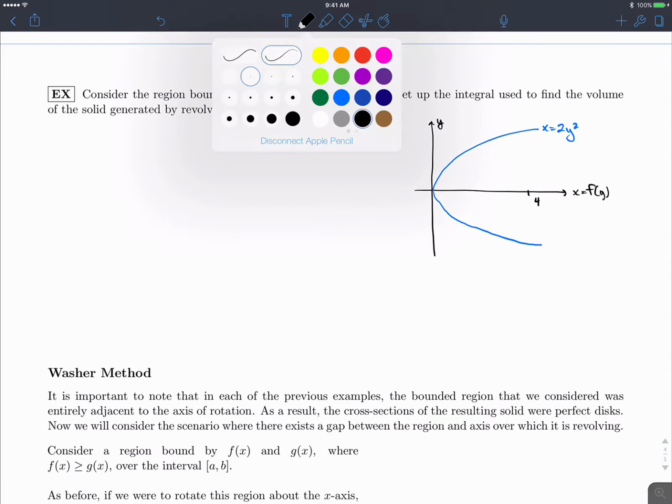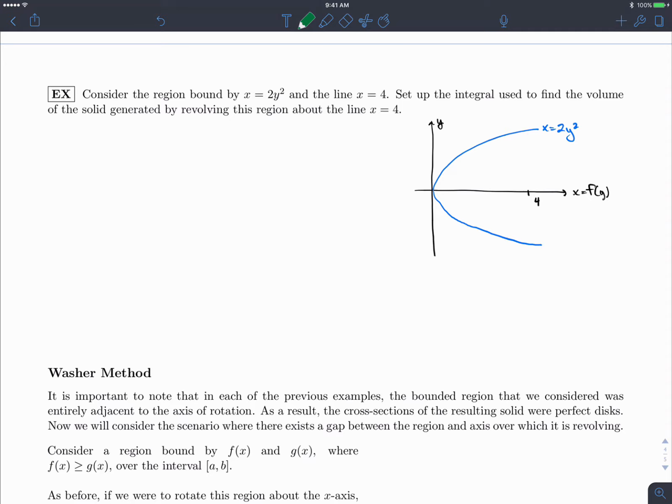So if we go out to x equals 4 and bound that, the region we are considering now is this one right here.